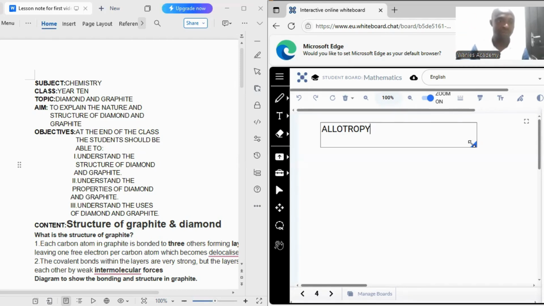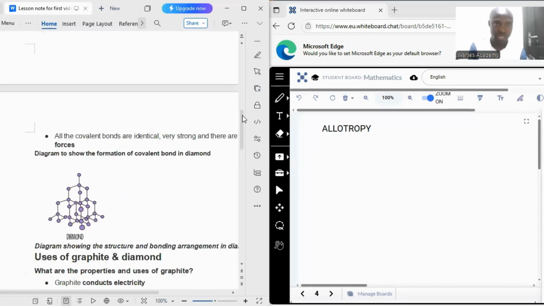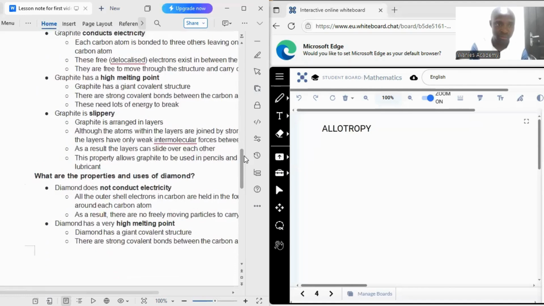All right, having said that, I would like to quickly explain the structure of the allotropic form of carbon called graphite. Firstly, graphite exists in layered form. Now, let me display the structure of graphite for us to see. Here is the structure of graphite.